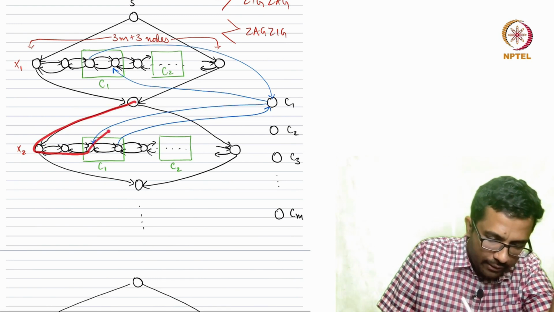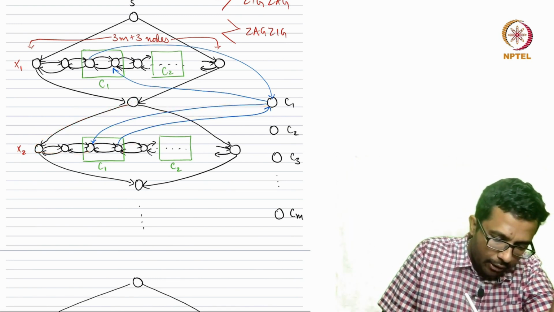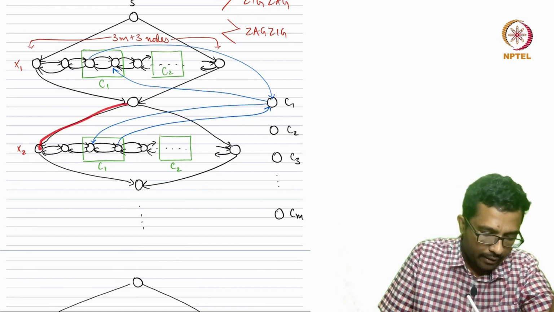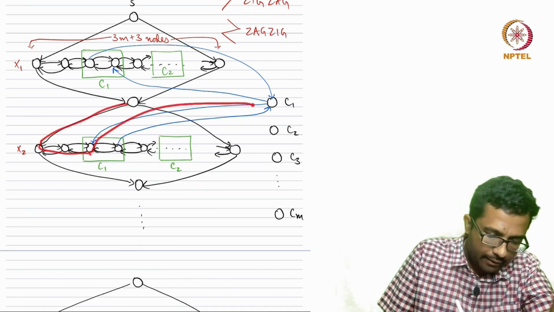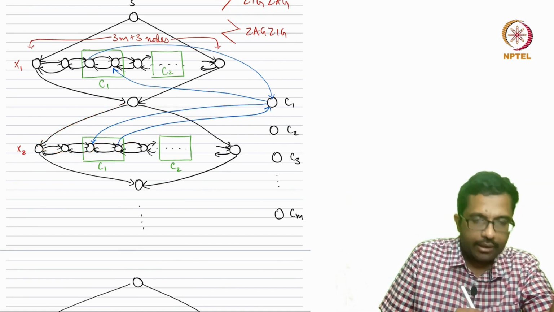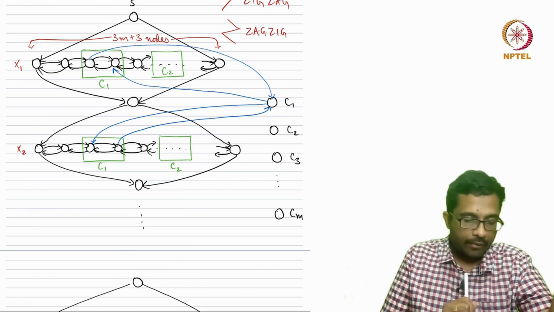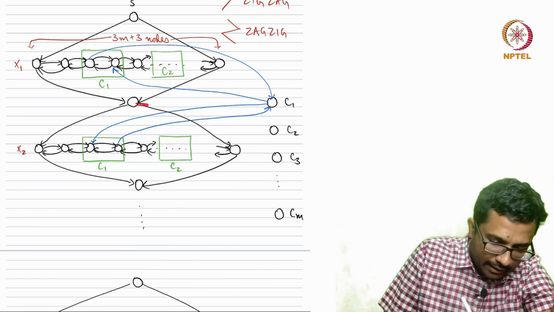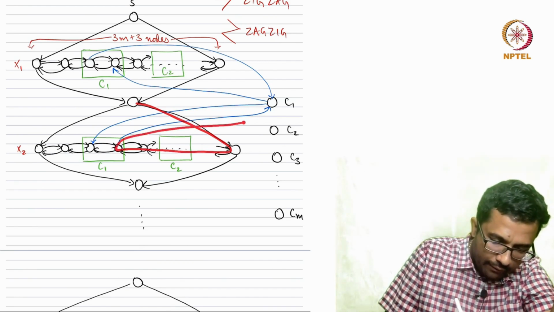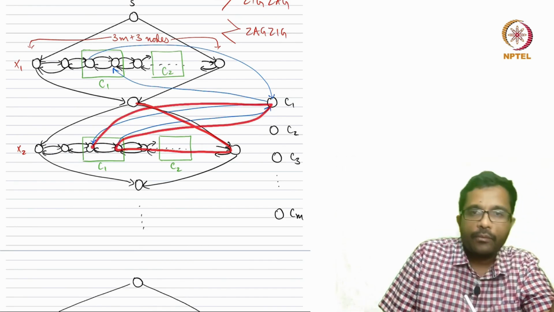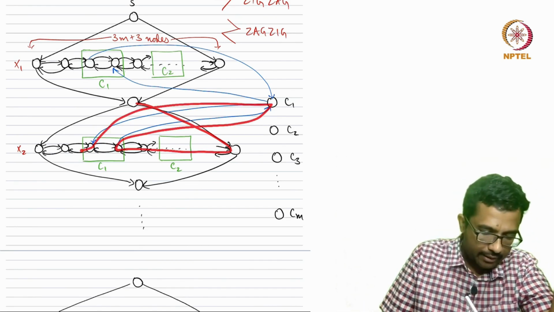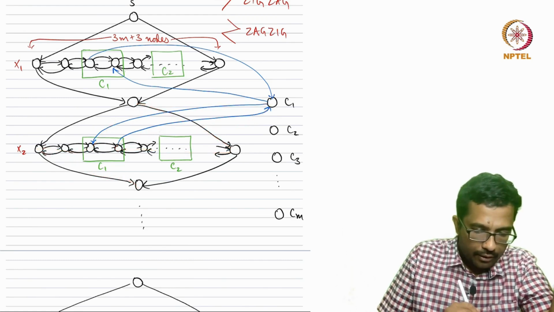Now there is no easy way of covering C1 from this, because the edges are marked in the opposite order, in the wrong order. If it was marked the other way, we could have done this, but now the edges are marked in the opposite order. But if we are zagging, this is the correct order. We can come from the right side, visit C1 and then come back to the first vertex in C1 and then do this.